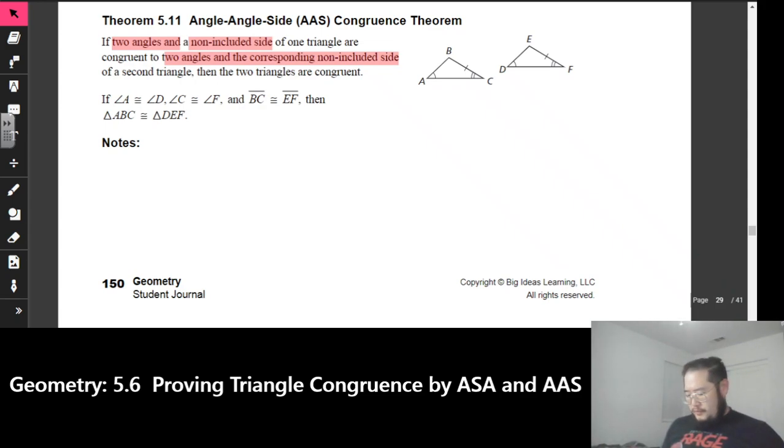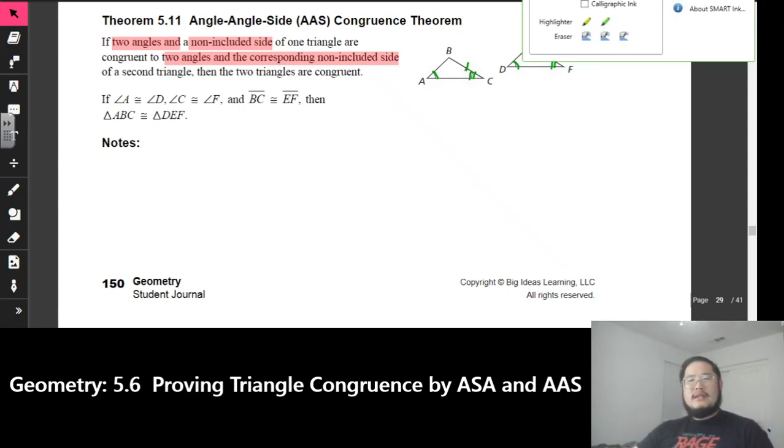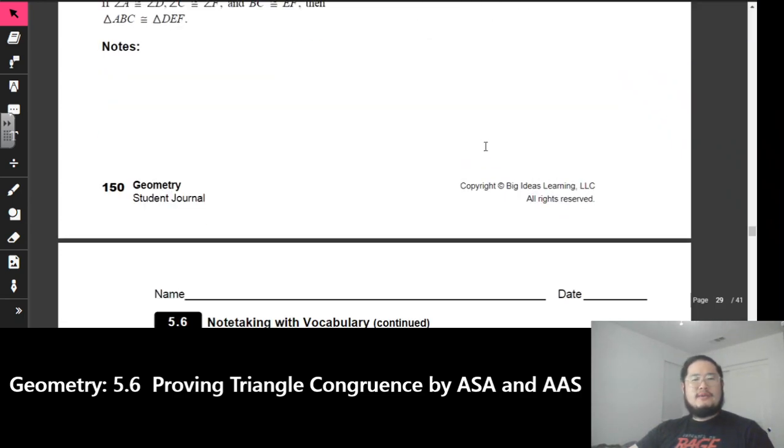So maybe the diagram can show that too. Right here we have angle A, angle C, and then we have the non-included side congruent to angle D, angle F, and EF is that non-included side. So that's how we can use angle, angle, side congruence.